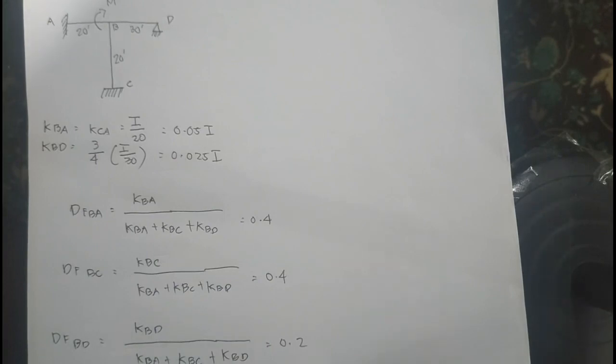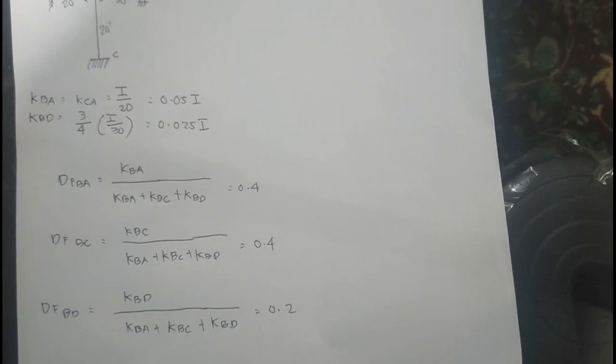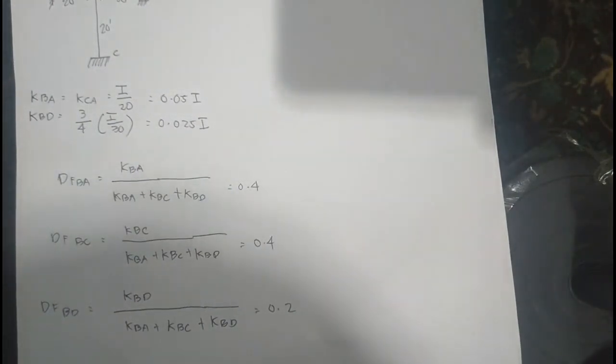So it equals 0.4. The next is the joint BC. So DFBC equals KBC over KBA plus KBC plus KBD equals 0.4. Then DFBD equals KBD over KBA plus KBC plus KBD equals 0.2.